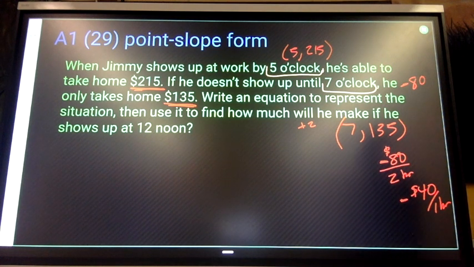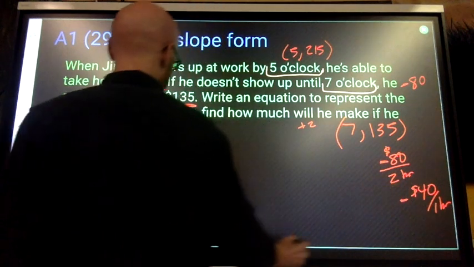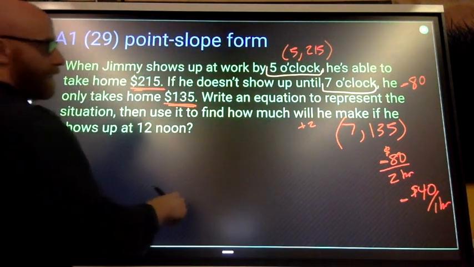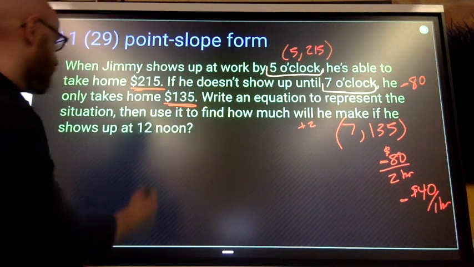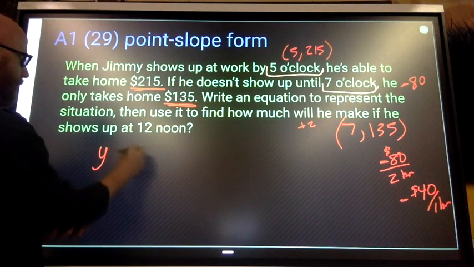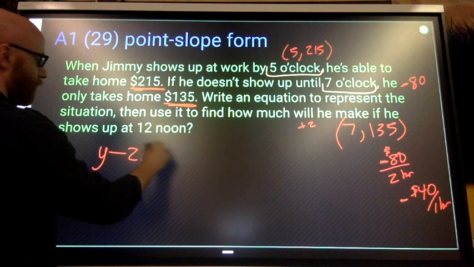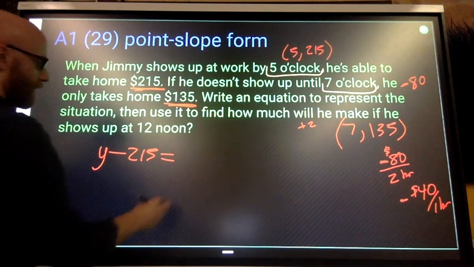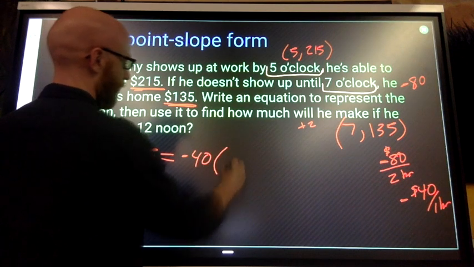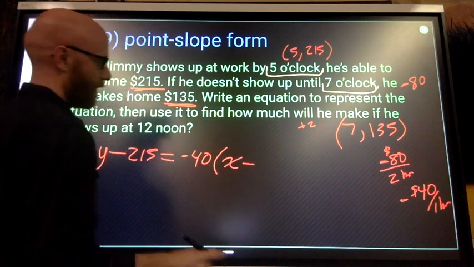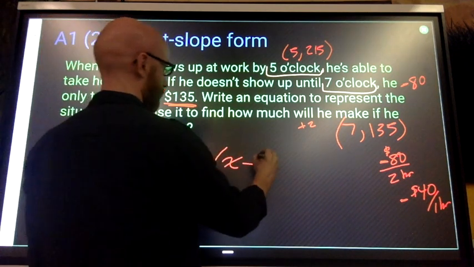Now, can we write an equation? Yes, that's my slope. So, let me choose the first point, 5, 215. All right, so y minus the y value, 215, equals slope negative 40 times x minus the x value, 5.